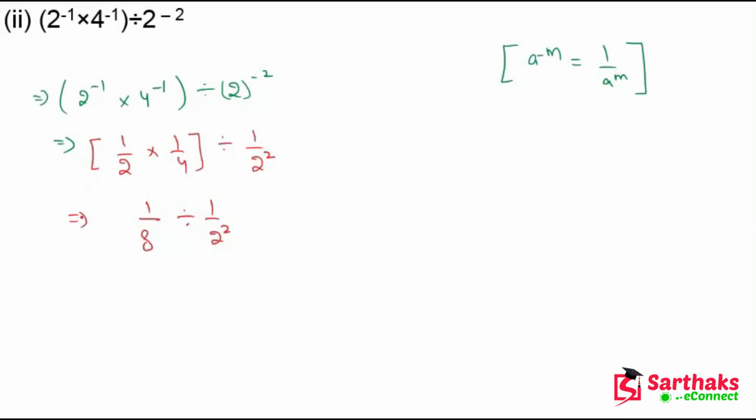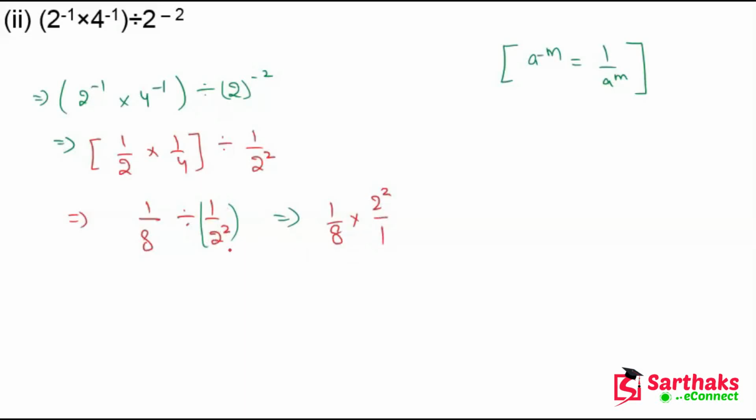I hope you understand these things, my dear friends. Now if we write the multiplicative sign in place of division, then this number will be reciprocated. So we can write it as 1 upon 8 into 2 raised to power 2 upon 1.